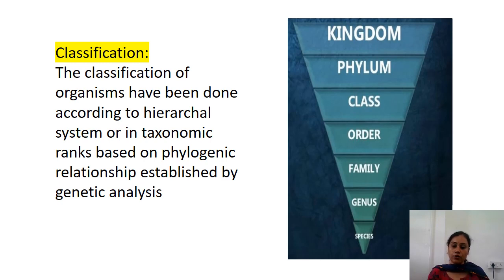The organisms that are closely related, we rank them in species. The organisms that are distantly related, we rank them in kingdom or phylum, like that. And in the hierarchical system, kingdom is the uppermost rank and species is the lowermost rank.